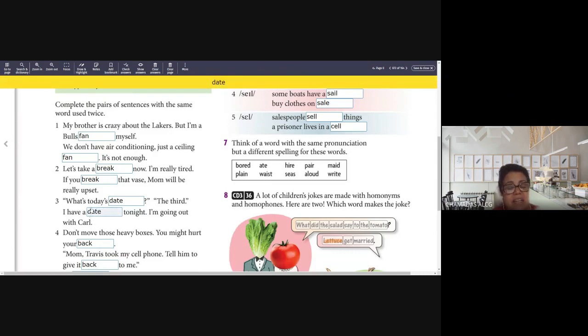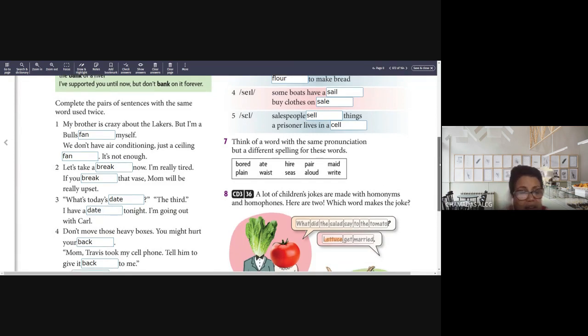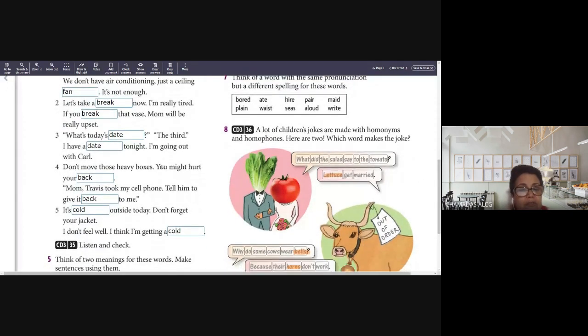Date here is totally different from date here. Here I have a date, so I'm going out with someone. I'm romantically involved.